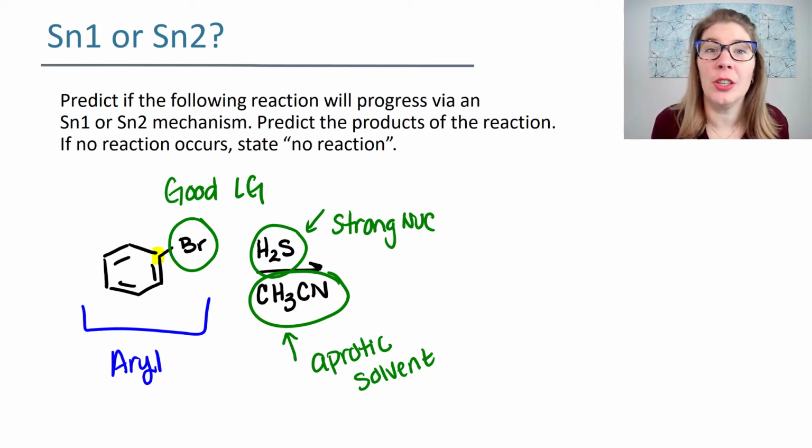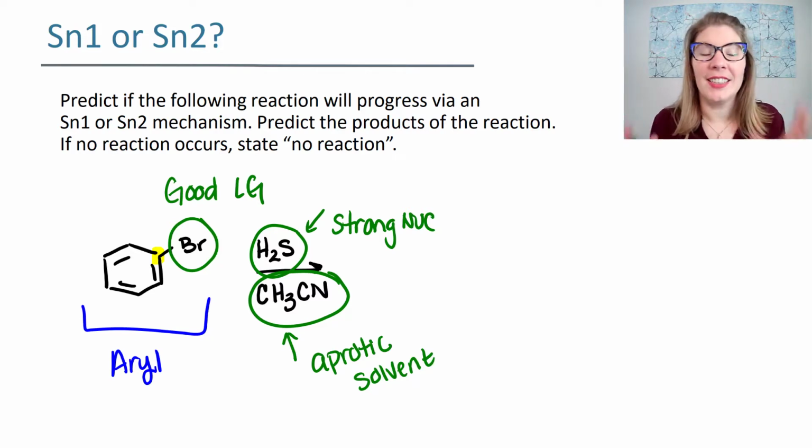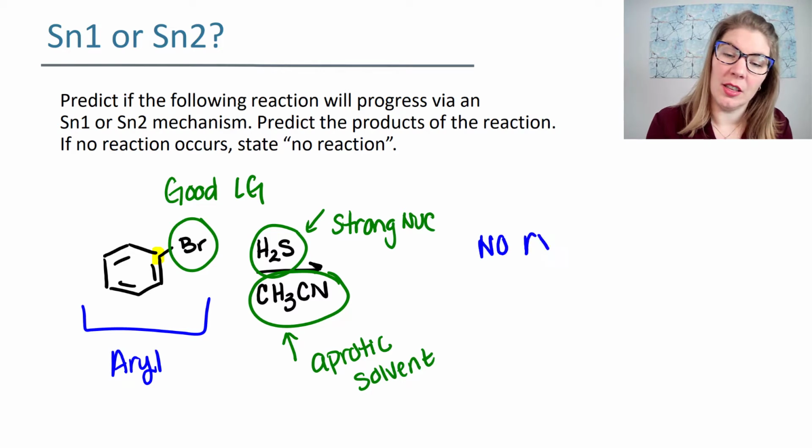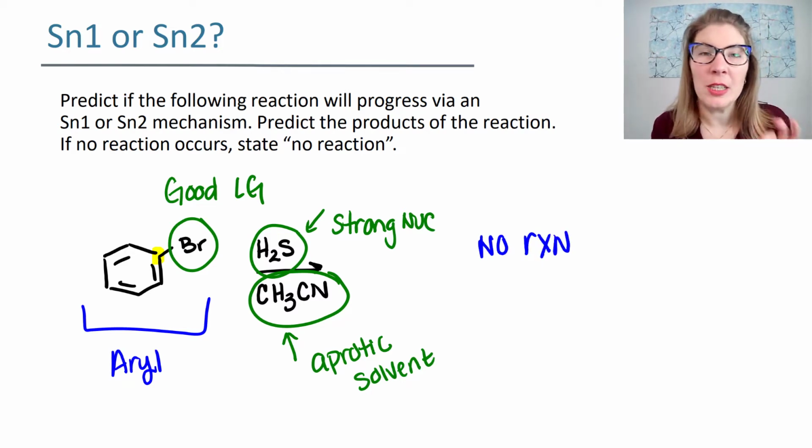It plays tricks on you because you feel like it's vinylic or going to be a vinylic alkyl halide, but it's not, right? So it tricks your eyeball. This is not going to be a reactive compound for SN2 or SN1. It's not reactive for SN2 because you have an sp2 hybridized carbon where the bromine is attached.